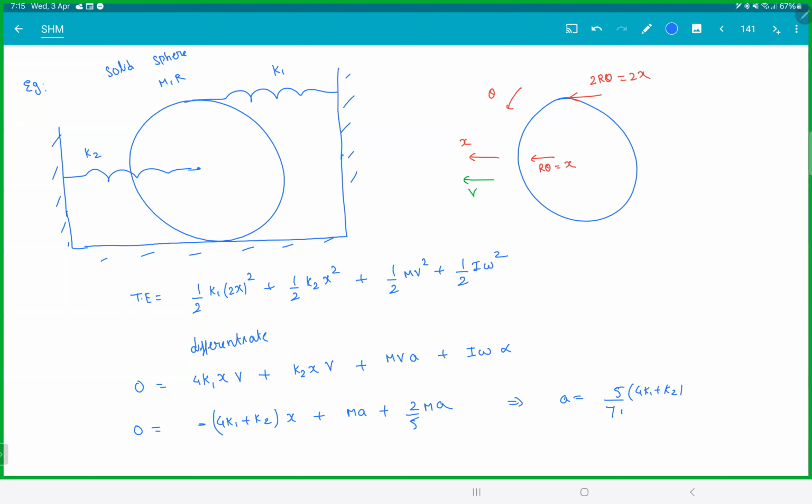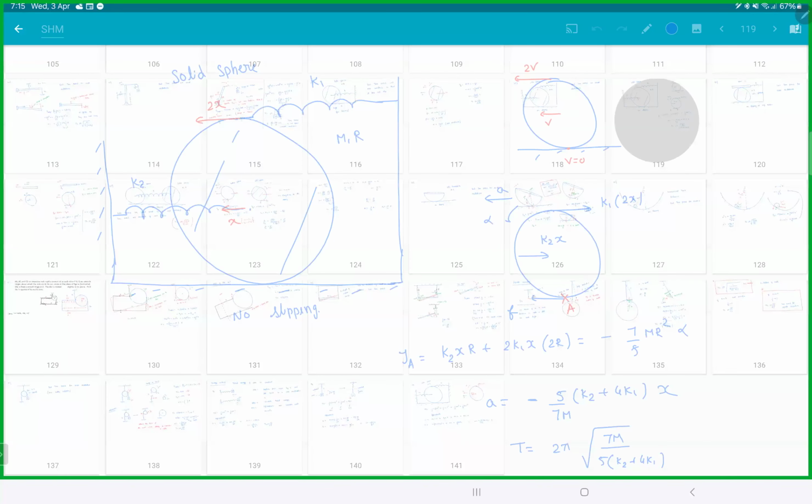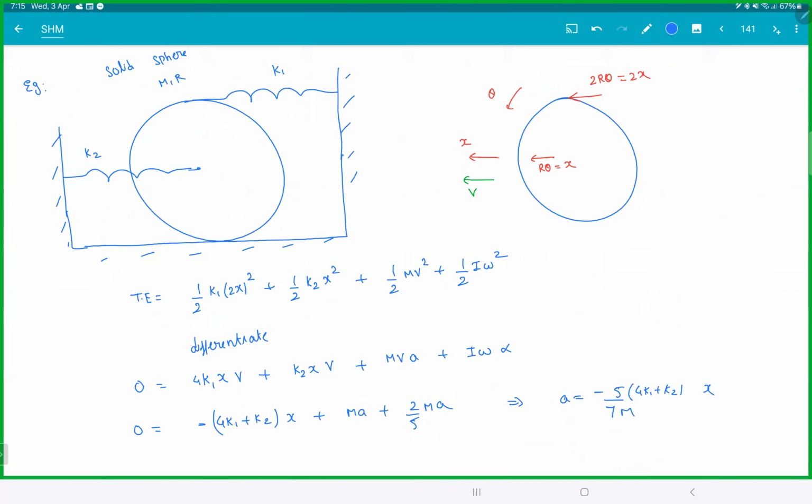So a is 4k1 plus k2 by m x. Is that the answer? Yeah. Clear? Wait, there's a 2x whole square, right? The 2 square comes out. Clear with the energy method?